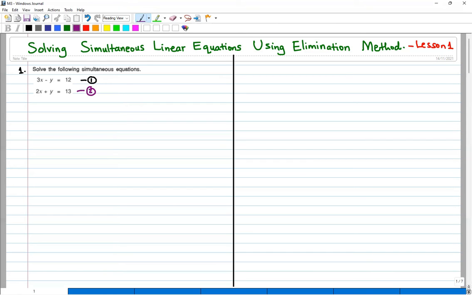Then you eliminate that one. But it doesn't matter. Any variable you choose to eliminate will lead you to the solution. Okay? Now, you may eliminate using addition or subtraction.